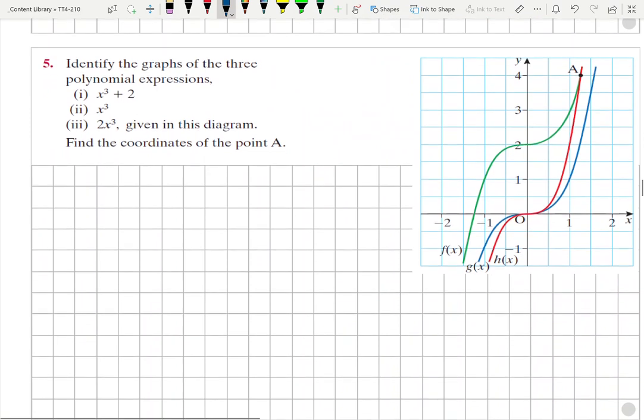So a cubed adding 2 is the green one. Now, if you're doubling it, that'll be the red one. So you don't have to really do anything here. And the blue one here.